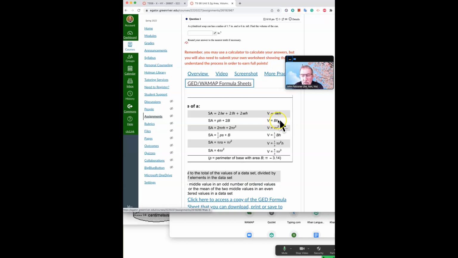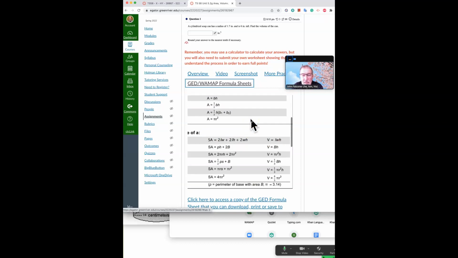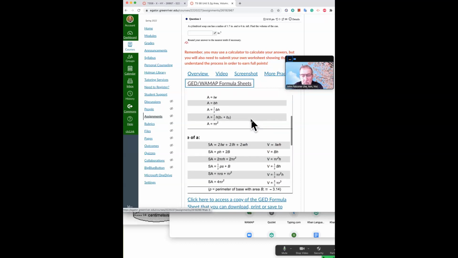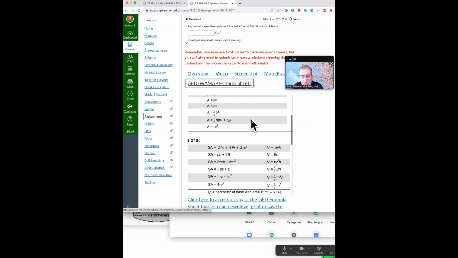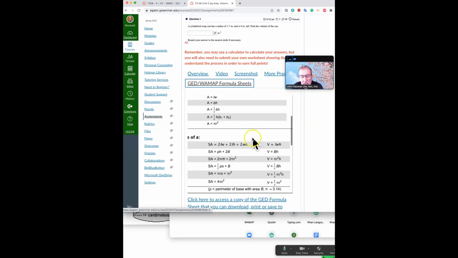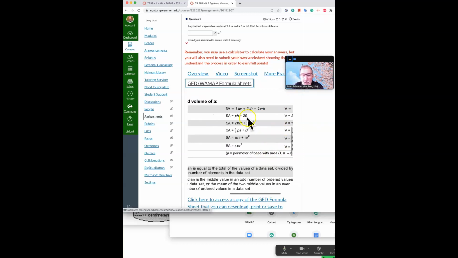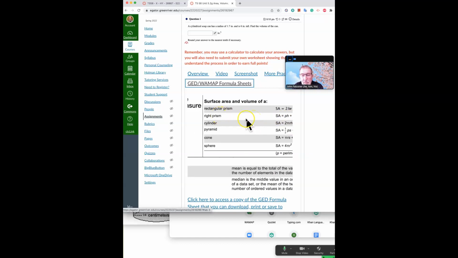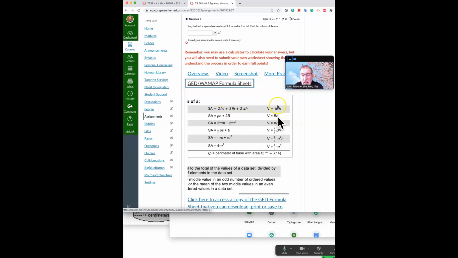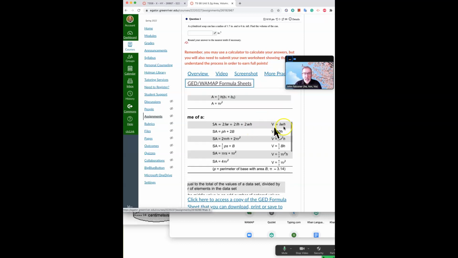And I think if you don't study this before you take the test, this formula sheet might be confusing. Anyway, this is the area of the base. So it's basically what I'm telling you to do, but they tucked this in here, and it's only a side note. So prism, square, right prism, I would still say LWH is a safe way to do that, a good way to do that. But let's take a look at this problem.